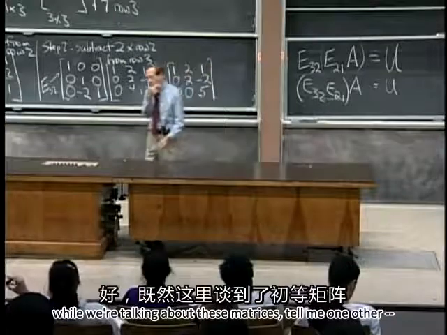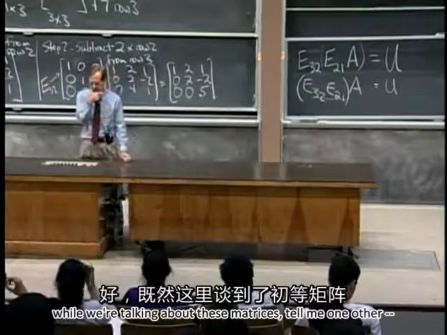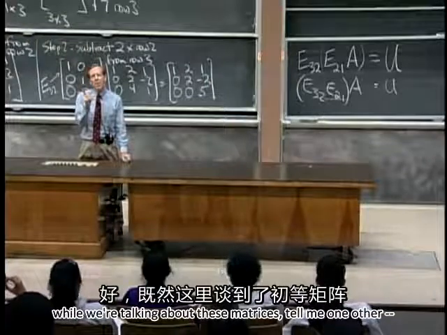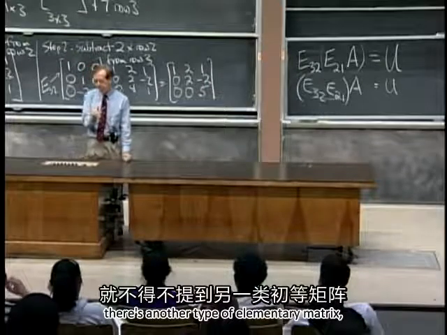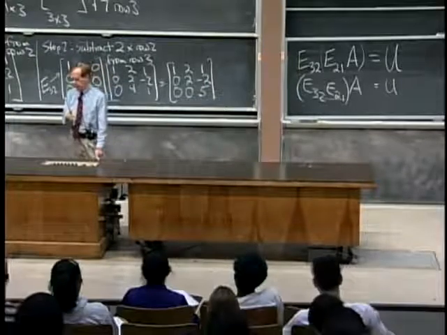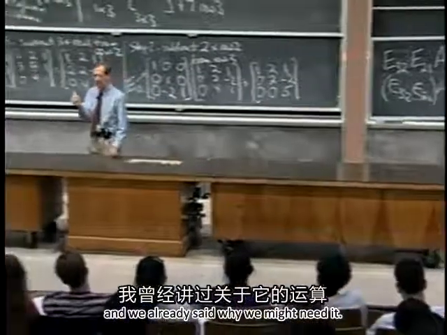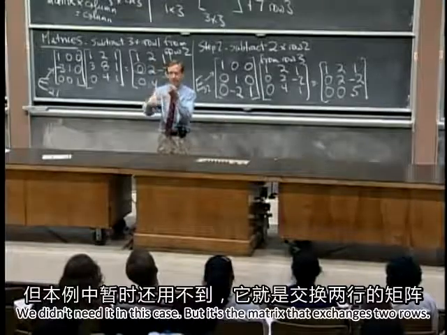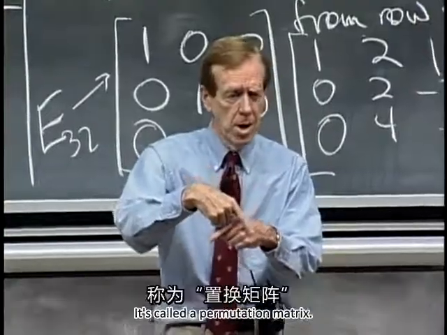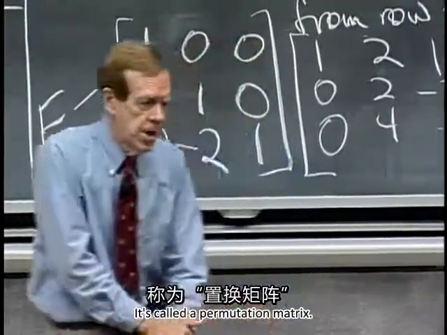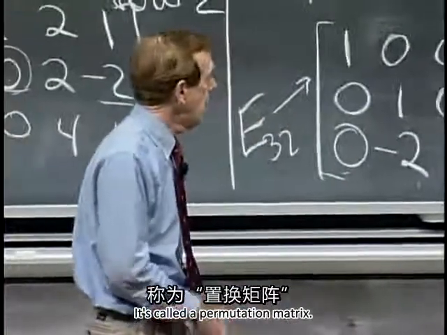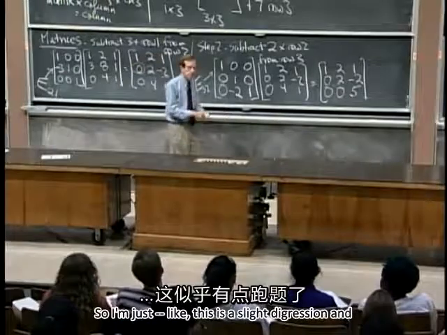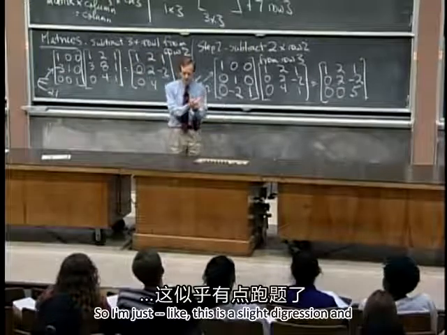Now, while we're talking about these matrices, there's another type of elementary matrix, and we already said why we might need it. We didn't need it in this case, but it's the matrix that exchanges two rows. It's called a permutation matrix. Can you just tell me what that would be? This is a slight digression.